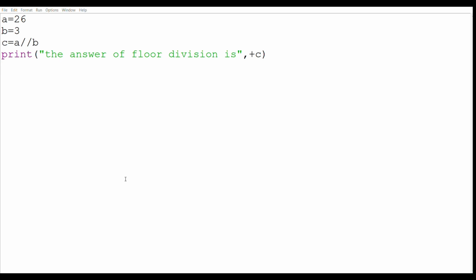The answer of floor division is 8. So floor division will only output the value which is before the decimal point.